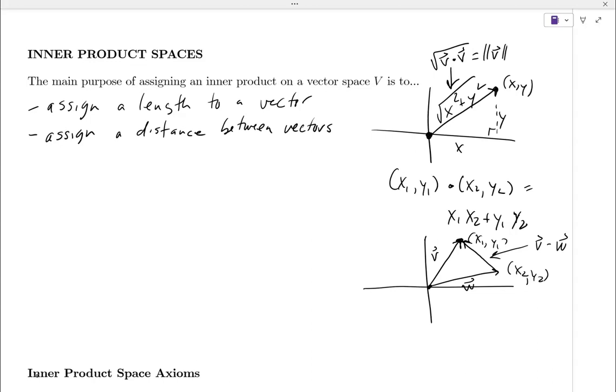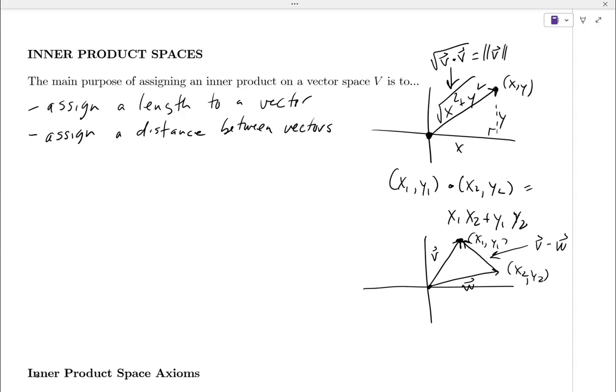So how might we define the distance between the two vectors at this point? In terms of using vector language, what vector might we want to pay attention to if we're looking at the distance between v and w? The v minus w, right? If I want the distance, then what might I want to use in terms of v minus w? Its magnitude, its norm, right?